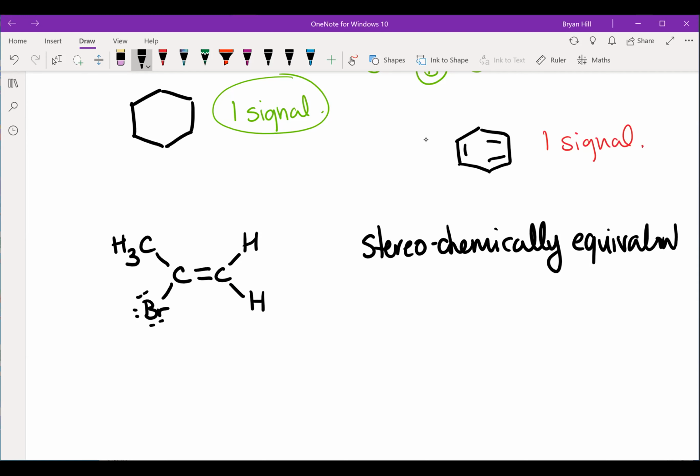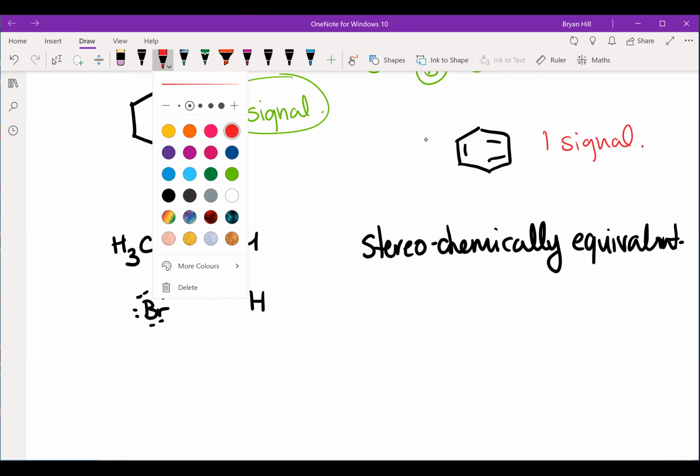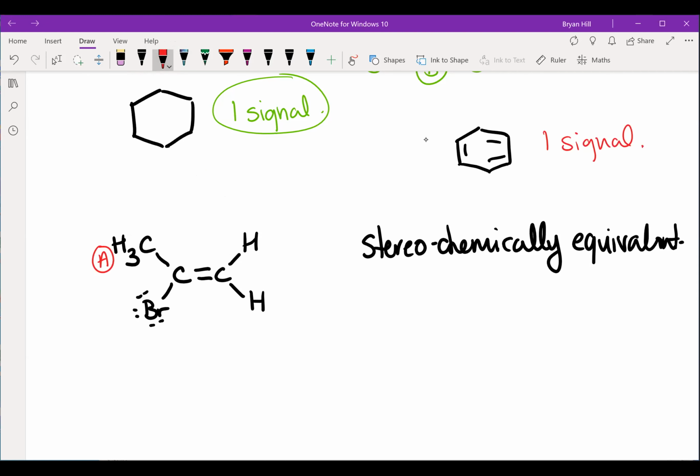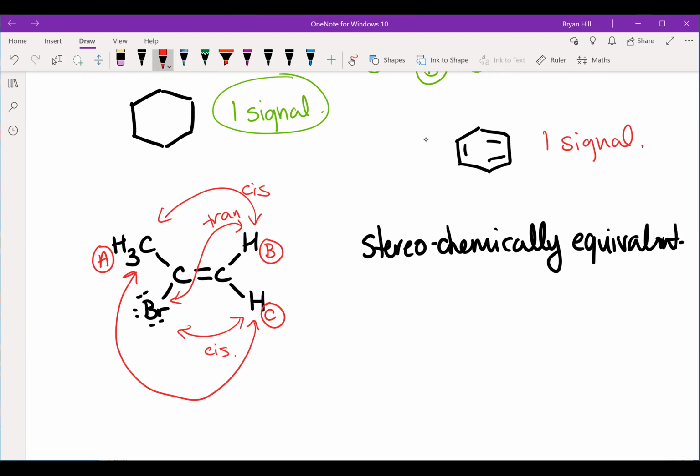I'm going to label all these protons different things here. Let's call these HA, HB, and HC. So proton C is cis to this bromine. Proton B is trans to the bromine. And then proton B is cis to the methyl group, and proton C is trans to the methyl group.